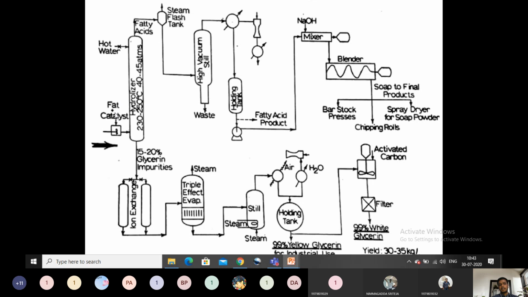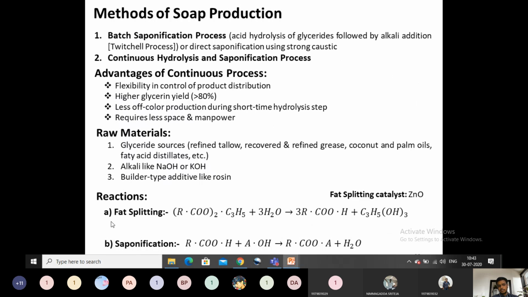Anything will be combined and passed countercurrent to the high pressure, high temperature steam in a hydrolyzer. The temperature of this hydrolyzer will be 230 to 250 degrees centigrade, and pressure will be between 40 and 45 atmospheres. Then in the hydrolyzer, the reaction given in A takes place. The triglycerides will be split into one molecule of glycerin and three molecules of fatty acids.